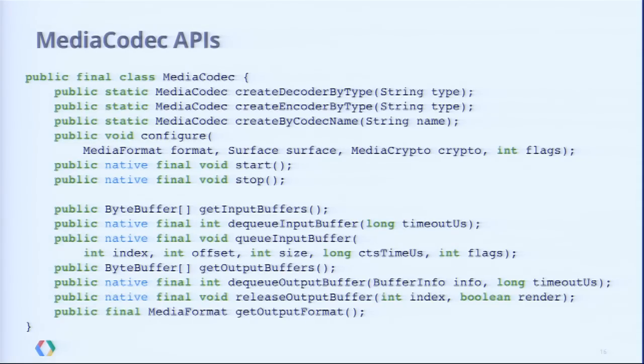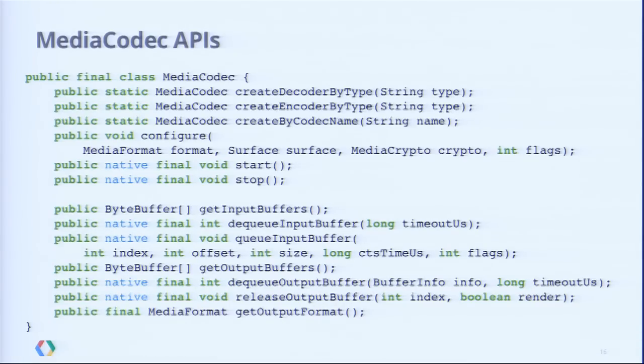The third negative value that can be returned from dequeueOutputBuffer indicates that the output buffers themselves changed. After you receive that return value, you need to call the getOutputBuffers method again to refresh the array of output buffers.